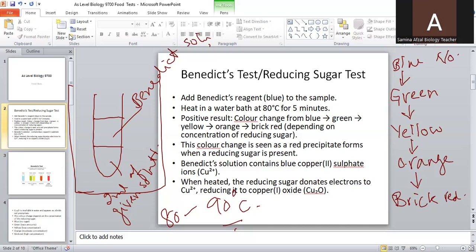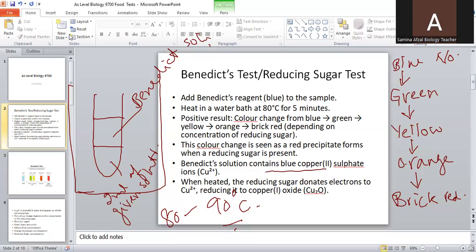So you can see this color change occurs due to a reason. And what is that reason? The reducing sugar reduces the copper 2 ions in Benedict solution to copper 1 oxide, because the Benedict solution contains blue copper 2 sulfate ions.